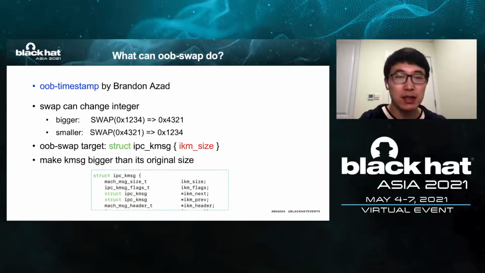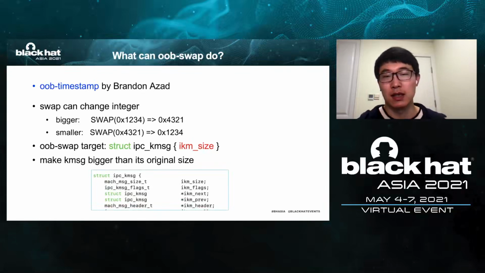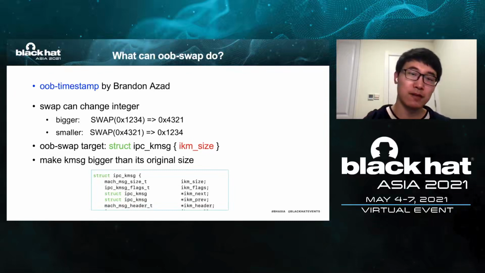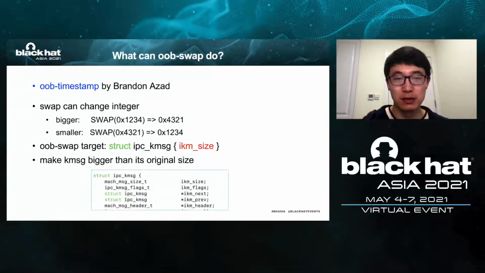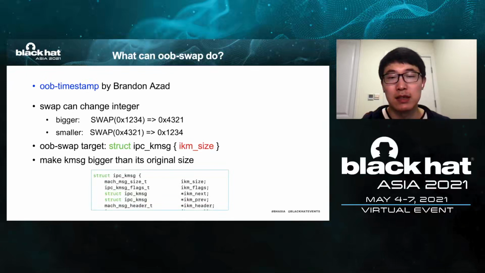If you swap an integer as the swap AD header did, but still interpret the integer in little endian, the value of the integer will change. So if you can make a number bigger or smaller, for example, hex 1234 to hex 4321 becomes a bigger value, that's enough. I will make an IPC key message bigger than its original size.